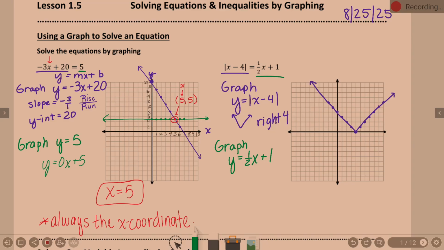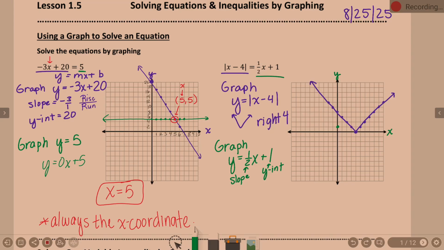So you're going to have a y-intercept of 1 and a slope of 1/2. Graph your y-intercept of 1. So you're going to go up 1 on the y-axis.